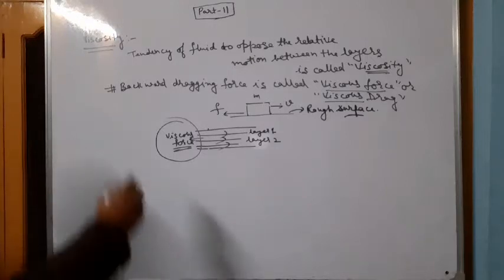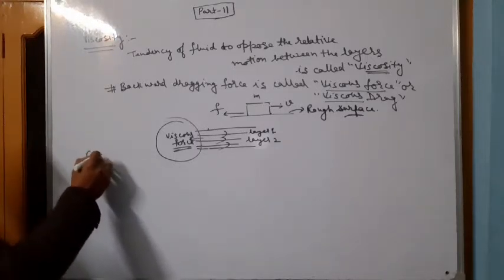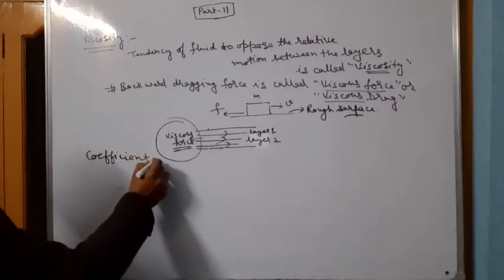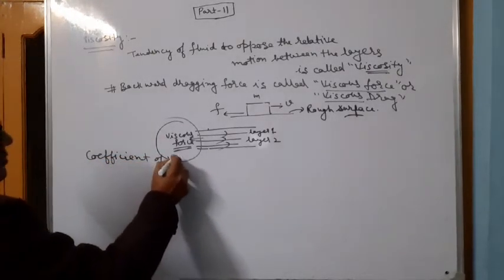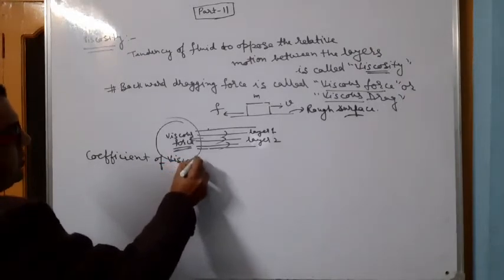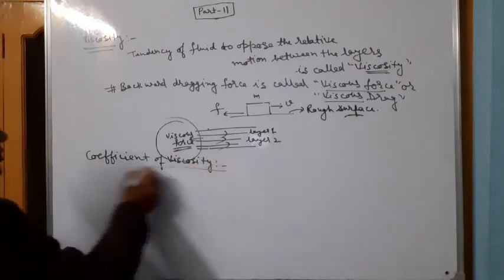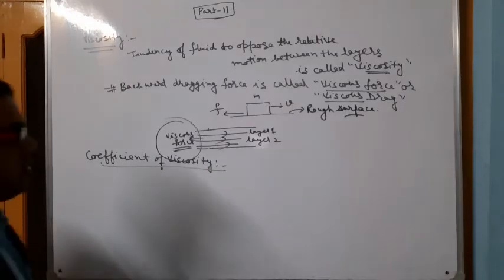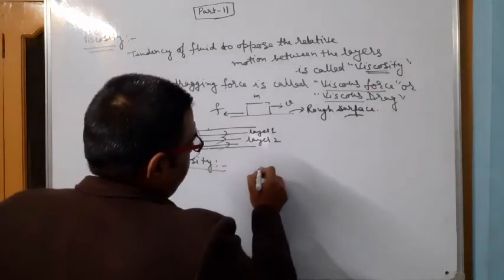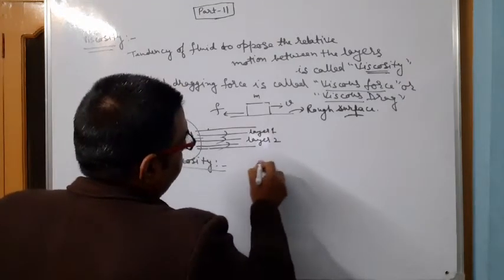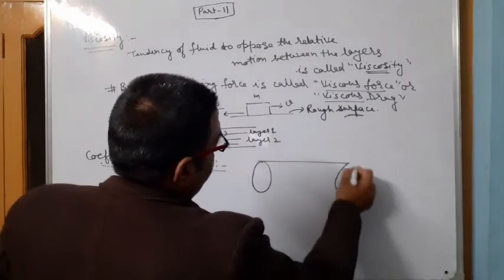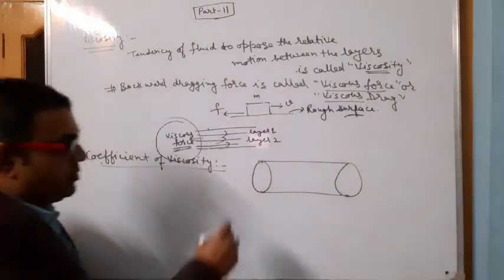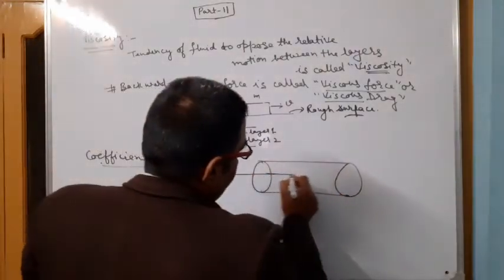Now we will find the coefficient of viscosity. For understanding the coefficient of viscosity, first let us assume that this is a pipe, and in this pipe the fluid is flowing. Suppose this is the axis of the pipe.